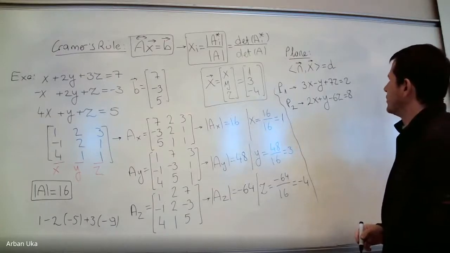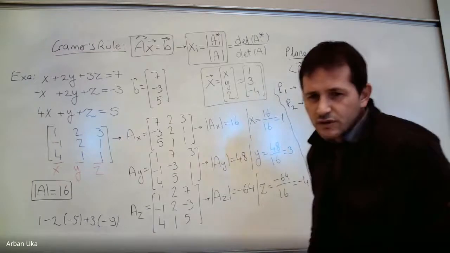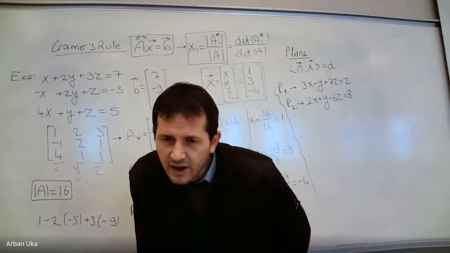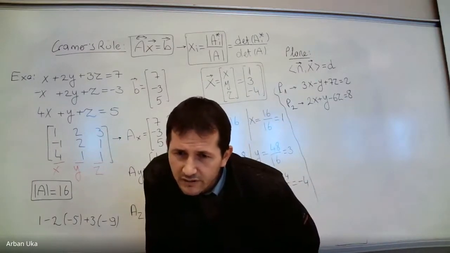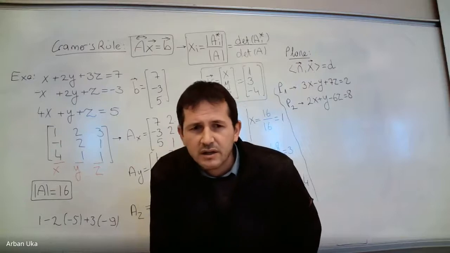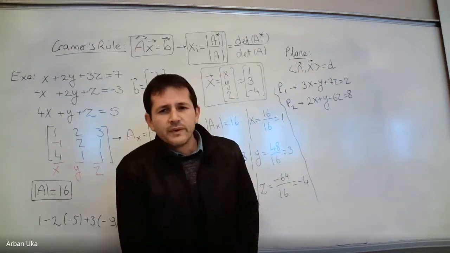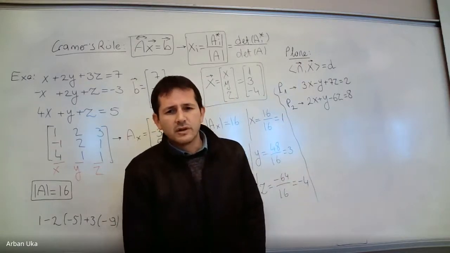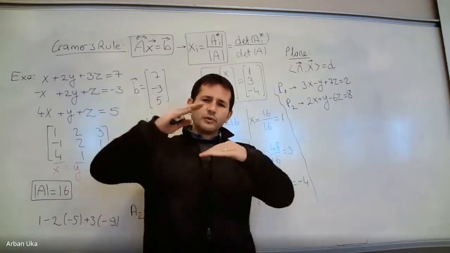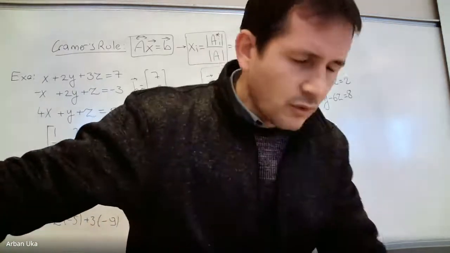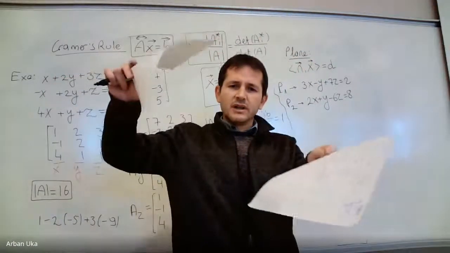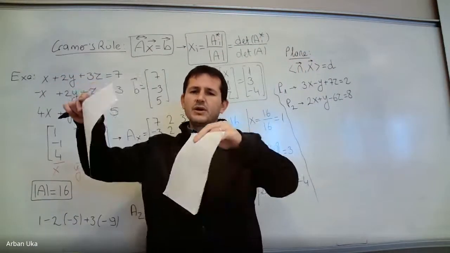Okay, so now the question of Christy, I can read it like this. How can we prove that two equations define the same plane? The first thing you do is check the normal. For two planes to be the same plane, what you need to have is the following. How can they be the same plane?